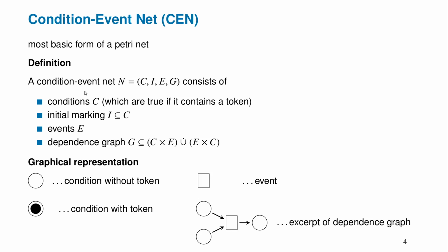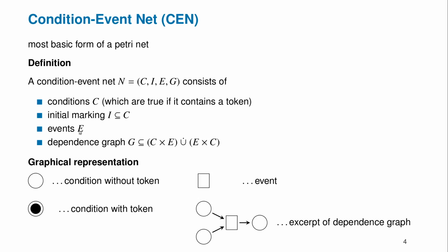Then we have initial markings. These are those conditions which are true in the beginning. So the initial marking is a subset of all conditions, and these conditions which are contained in the initial marking are true in the beginning.